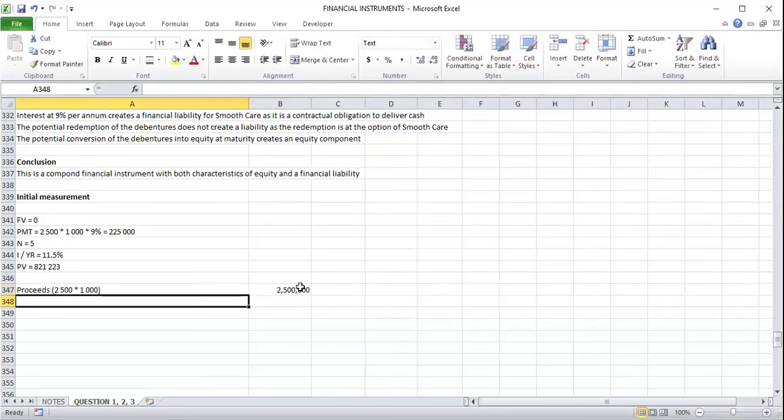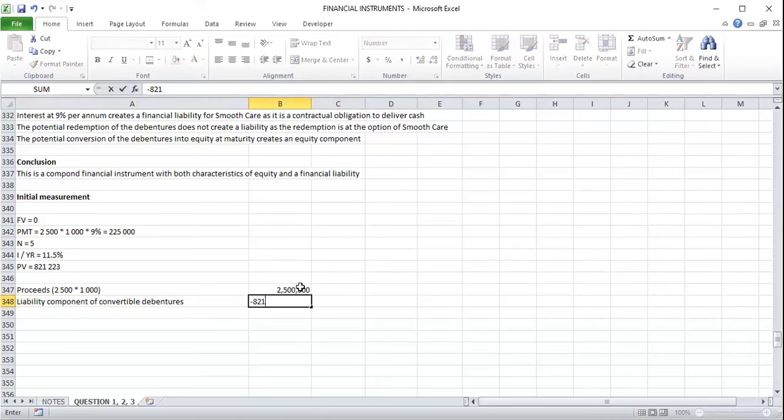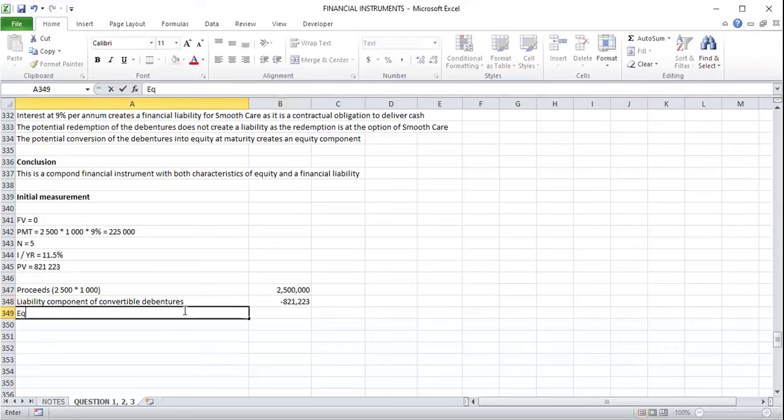Then our liability component of convertible debentures. Then we have our equity component.